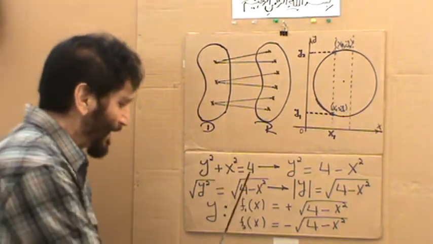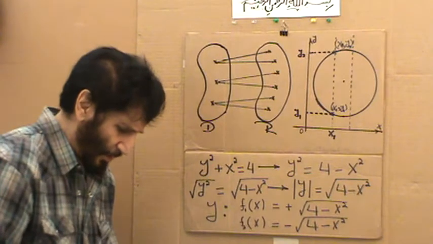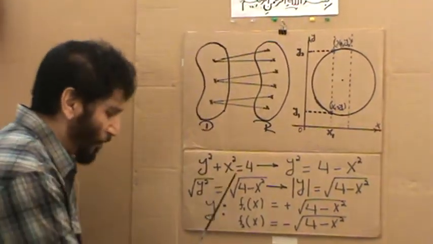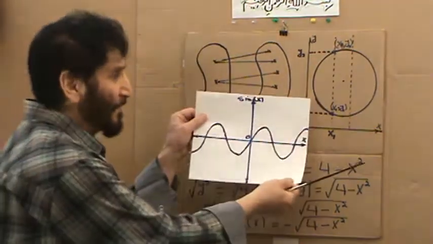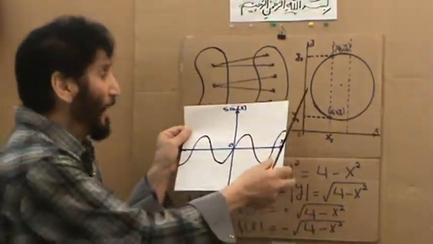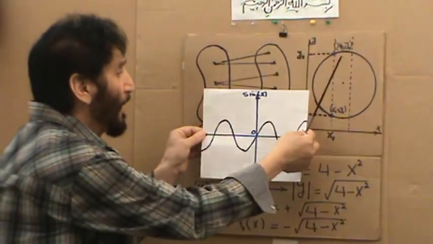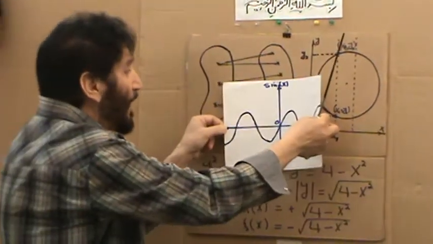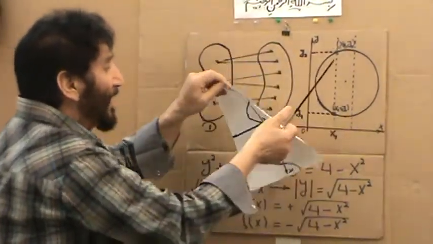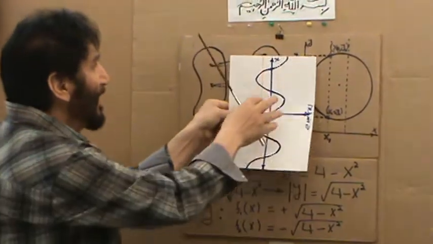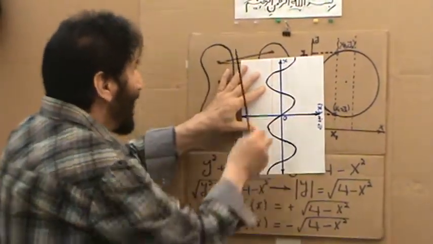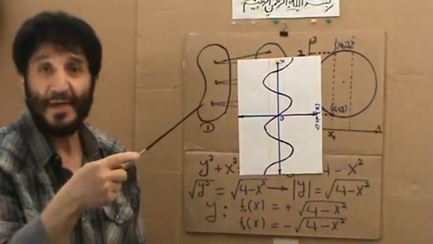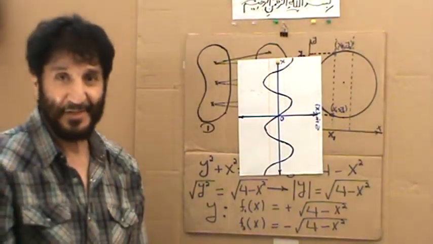Now, the other thing I would like to mention is the graph of sine that we are all familiar with. If I rotate this sheet of paper 90 degrees clockwise or counterclockwise, it doesn't matter, and then reflect it, what I get here is the inverse relation of the graph of the sine function.